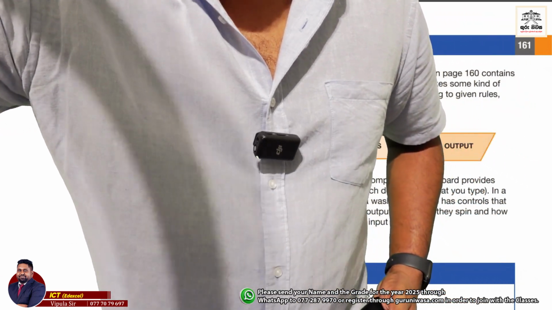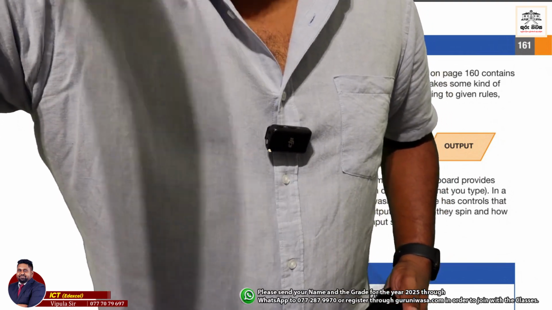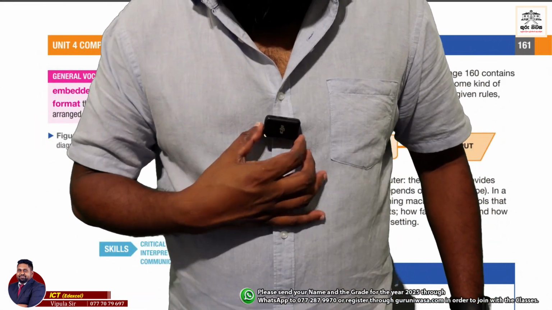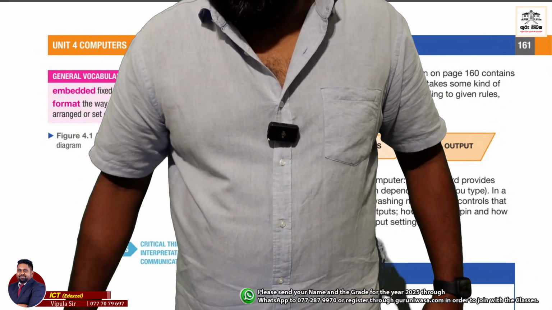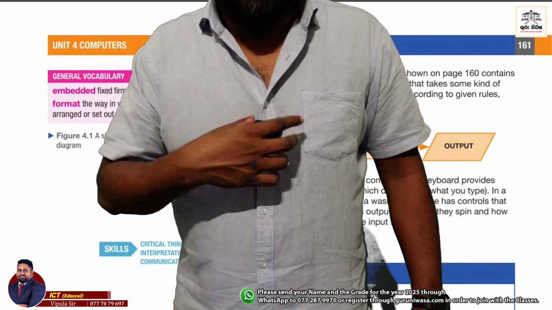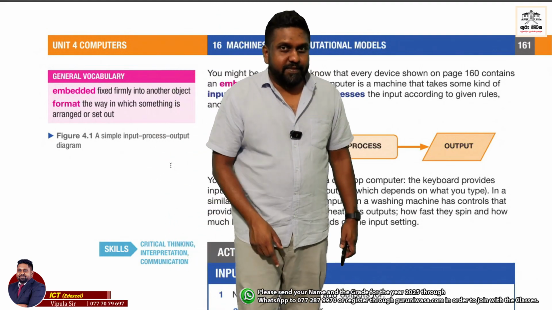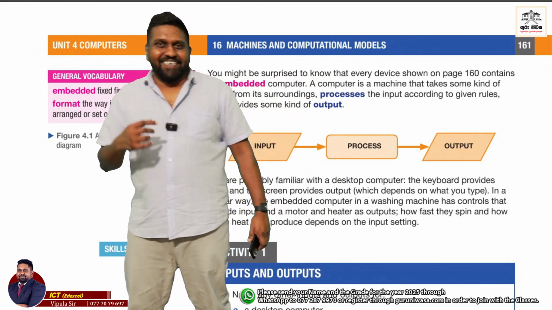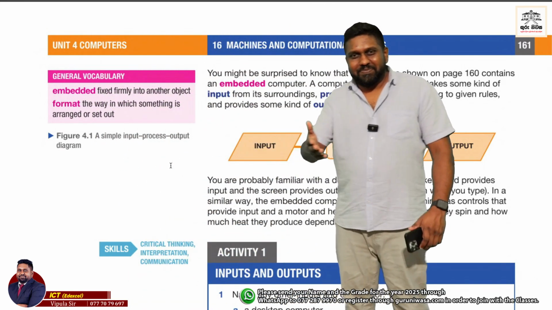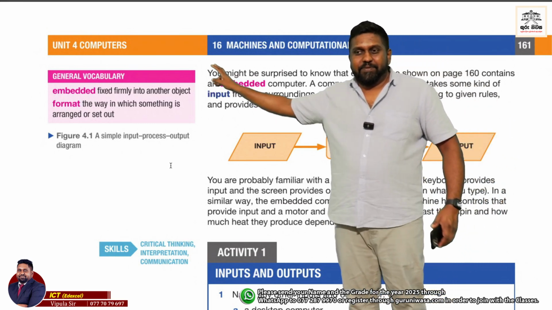So this particular microphone also has an embedded chip inside it, because that will automatically transmit my voice into a receiver which is connected to my PC right now, and that receiver is basically taking in the data and it is pushing it out into the video stream which you guys are currently watching. Okay, so that's how embedded computers work.